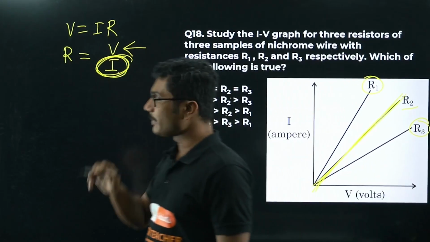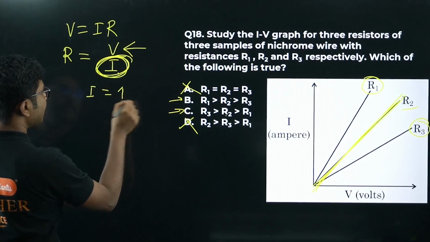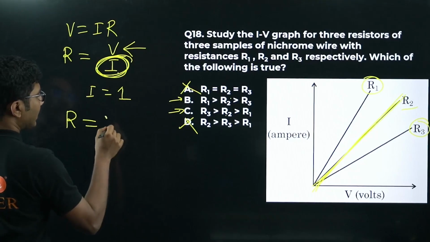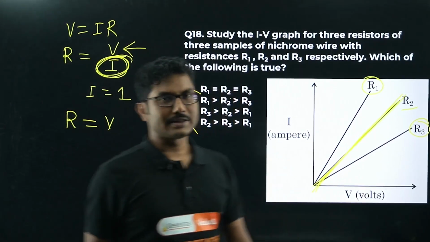Suppose I equals 1, then R will be equal to V. That means higher voltage will have higher resistance.